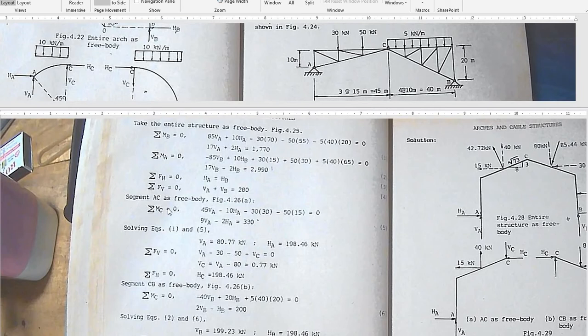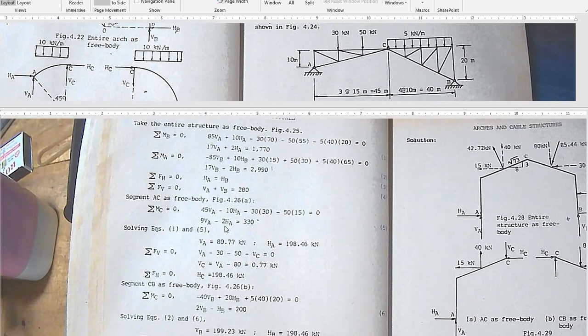And then, segment AC as free body. Kapag sa segment ka nag-free body, always take moments at the hinge. Okay? Dahil sa hinge, 0 ang iyong moment. So, 45 times VA minus 10 HA minus 30 times 30 minus 50 times 15 is equal to 0.